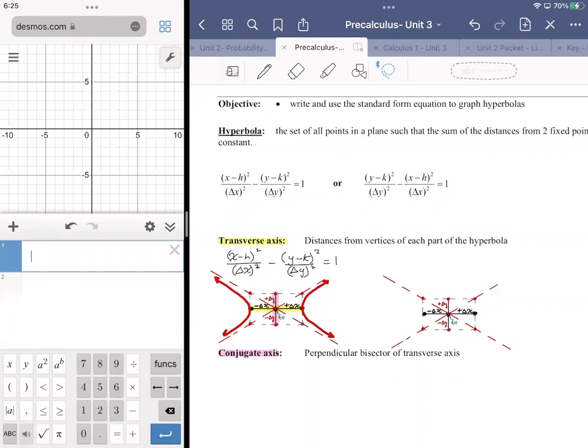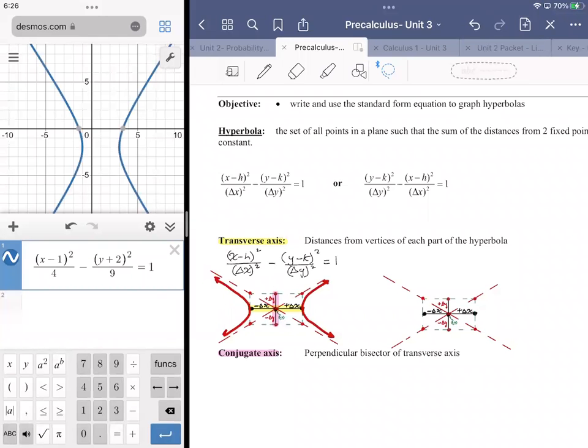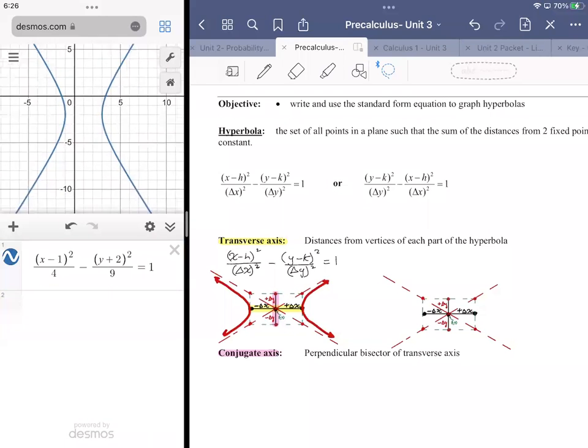If I plot just some hyperbola equation, let's say (x - 1)^2 over 4 minus (y + 2)^2 over 9 equals 1, really anything that follows this structure. All right, so it's got the same structure.